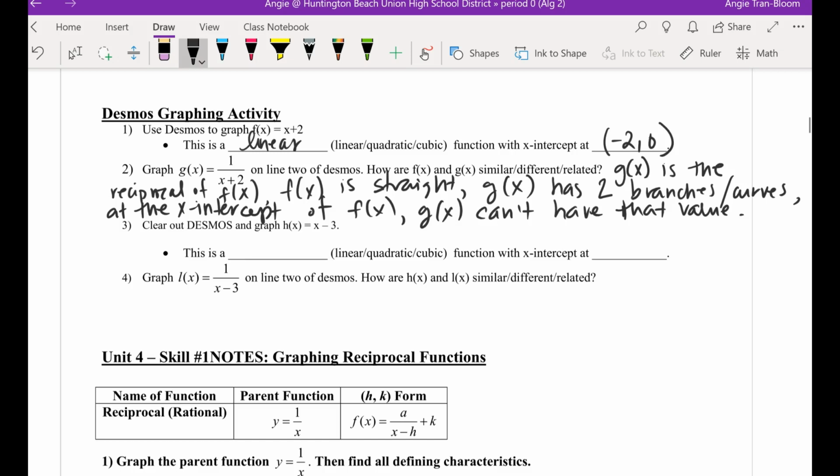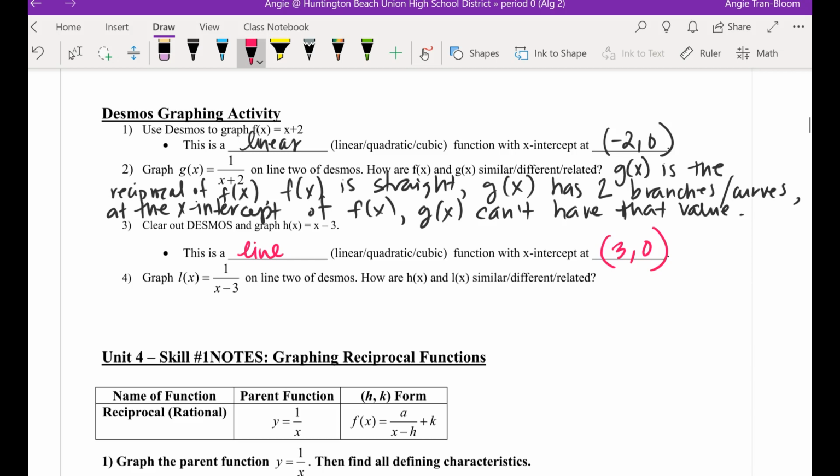Then number 2, similarly, okay. I'm sorry, not 2, 3 and 4, h of x is a line. And from earlier, we knew that there was an x-intercept at where? 3, 0, okay. And very similar to the answer of number 2, how are those two related?